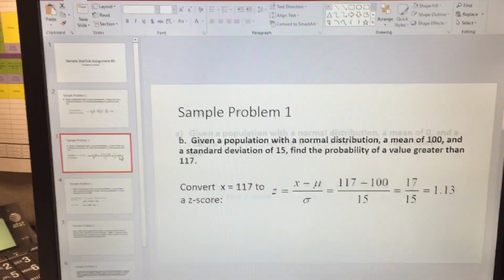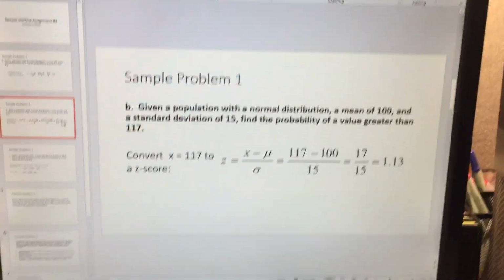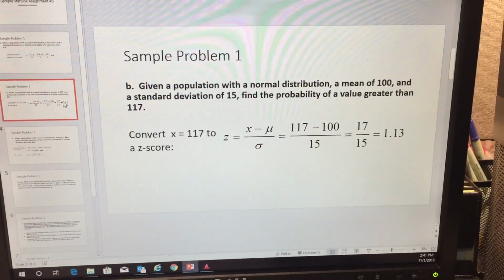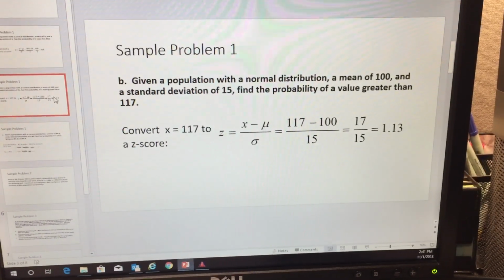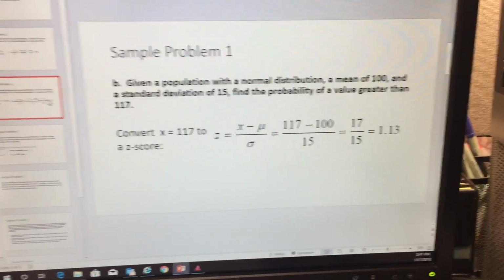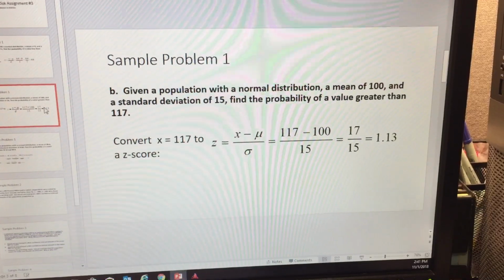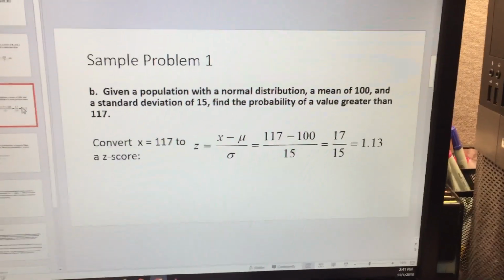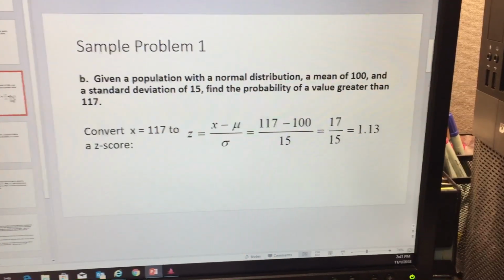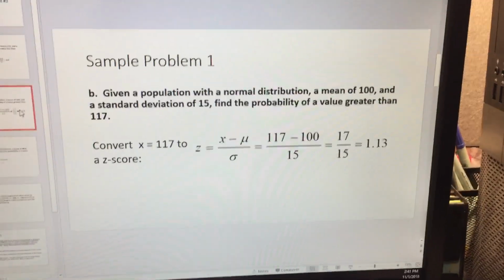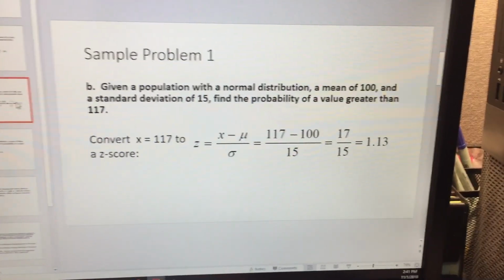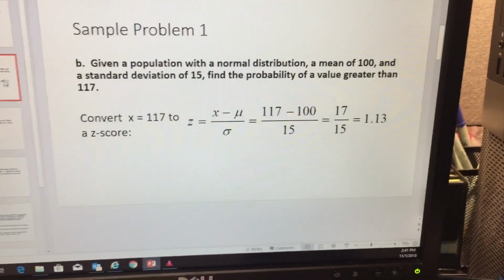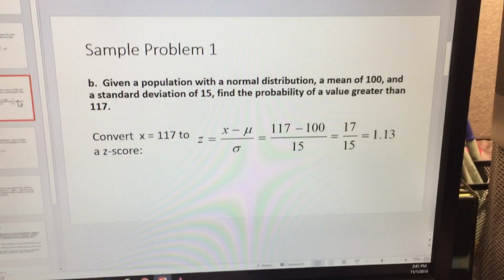Okay, now part B. Here you're given a population with a normal distribution, a mean of 100, and a standard deviation of 15. Here you're going to find the probability of a value greater than 117. So here we need to convert 117 to a z-score using that same formula, z is equal to x minus mu divided by sigma. Your x in this case is 117.